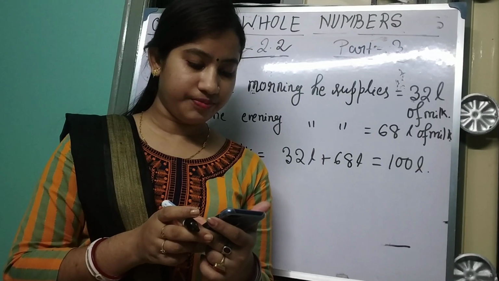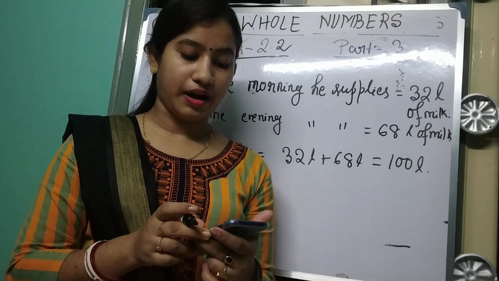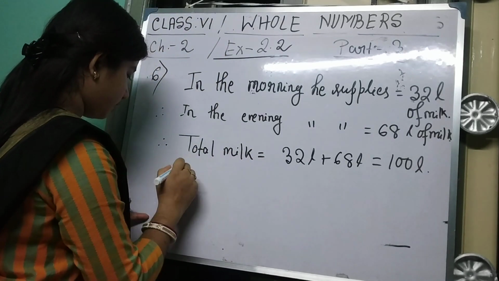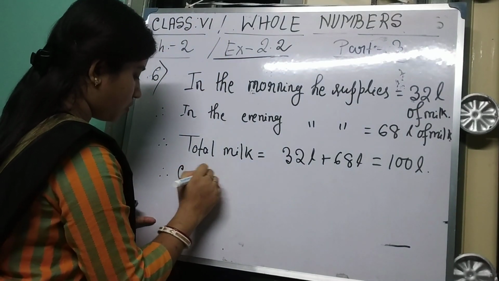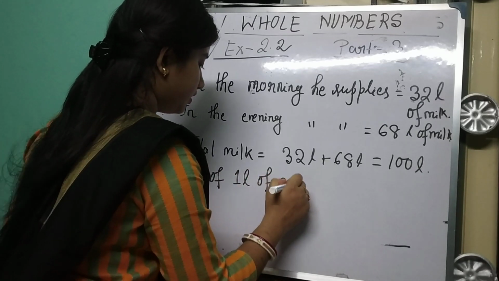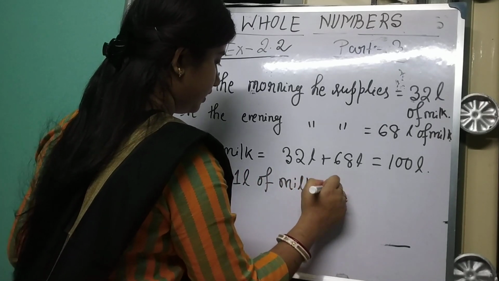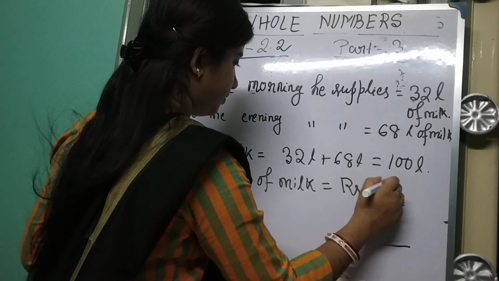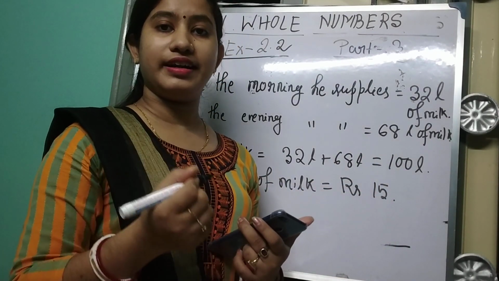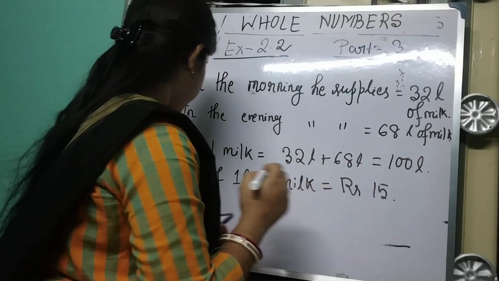Now here the given cost of milk per liter is rupees 15. So the cost of 1 liter of milk is rupees 15. Now we find the cost of 100 liters of milk.